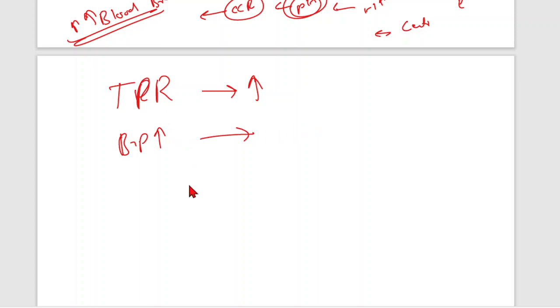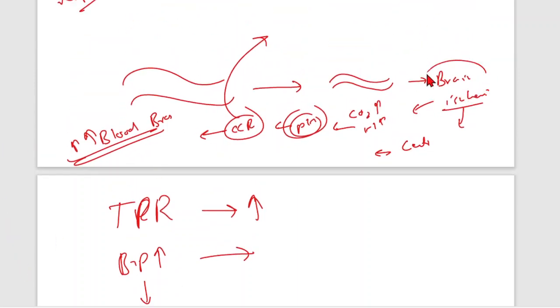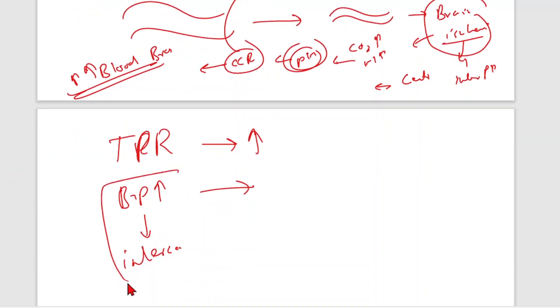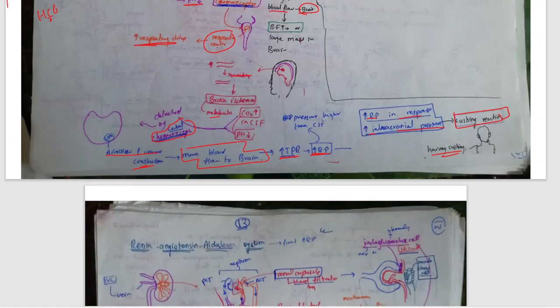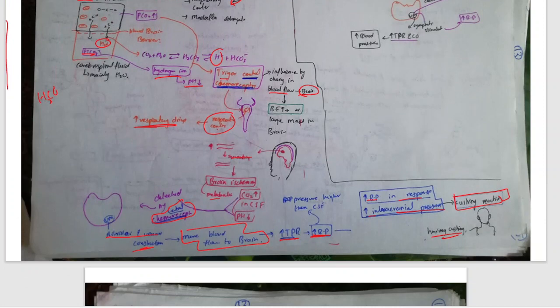And if this happens, blood pressure is increased due to intracranial pressure. Now you have to remember, brain ischemia happens, so intracranial pressure also increases. When the blood pressure is increased due to intracranial pressure, this is called the Cushing reaction. So this is so simple. Now after that we will talk about the renin angiotensin system.